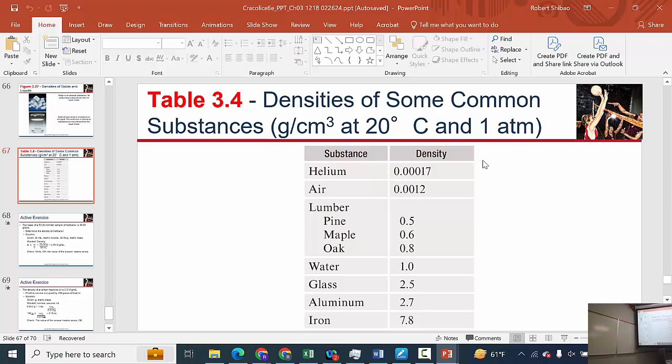Helium's really light, but argon is heavier than air, so it sinks. Helium's lighter than air, so it floats up in the air. Argon's heavier than air. I used to use lots of argon, and argon is nice to use because it's heavier than air. But they're all around 1 gram per liter.